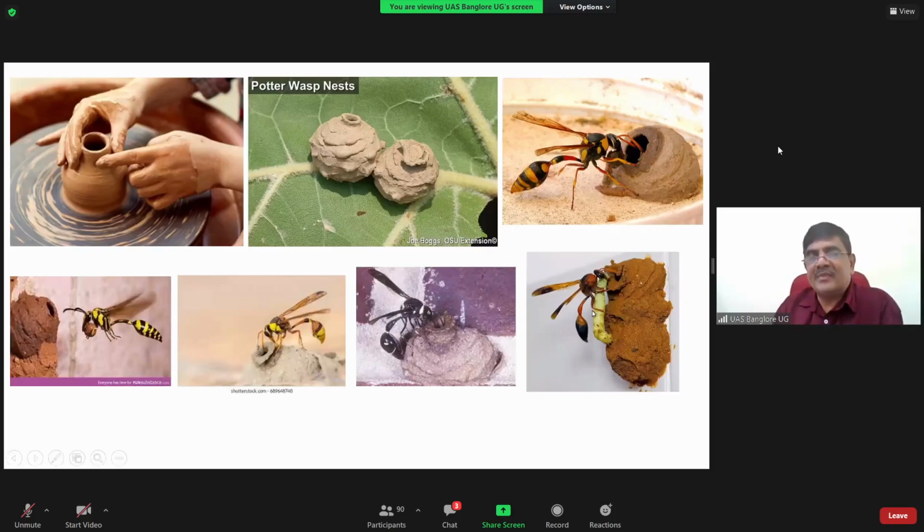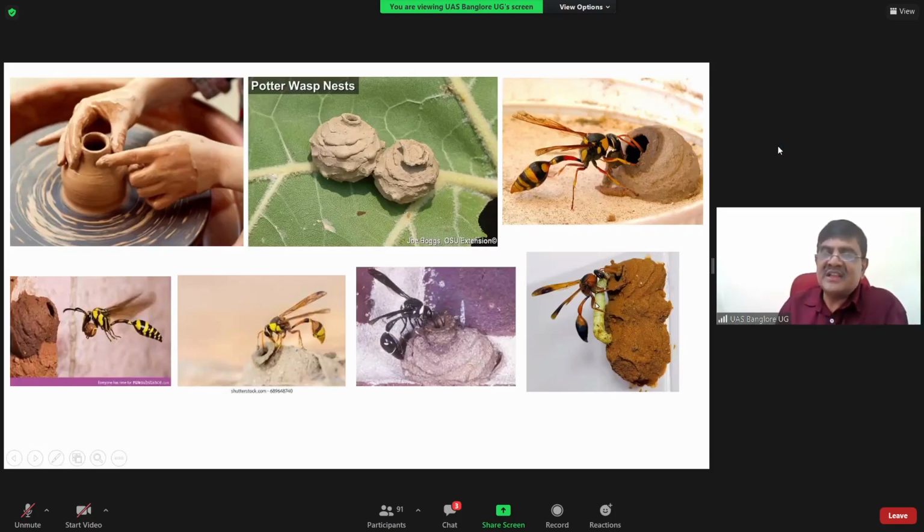If you look at the diagram here, once the nest is prepared, the wasp will collect some caterpillars and store them inside this pot-like nest. After storing the caterpillars, the wasp will lay its eggs on the caterpillar. The eggs hatch out and the young wasps come out.